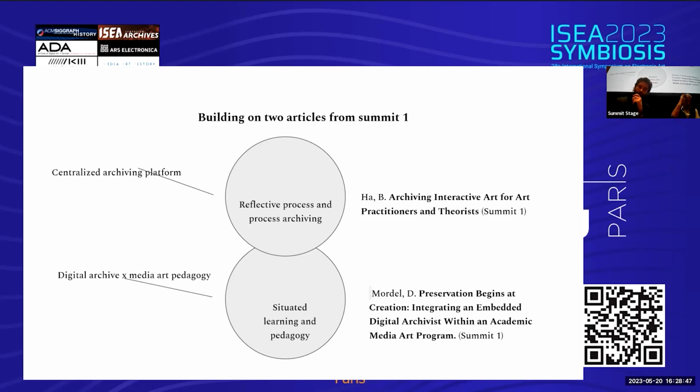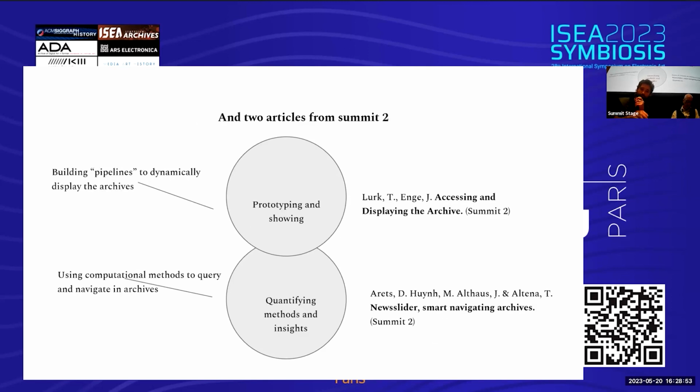The second finds ways to connect digital archiving with new media pedagogy. Then the third, from Summit 2, proposes a way to build a pipeline between the archive and a dynamic way to show and display the archive's outputs and iterations. And the fourth uses computational methods to query and navigate, in a quote-unquote smart way, inside archives.